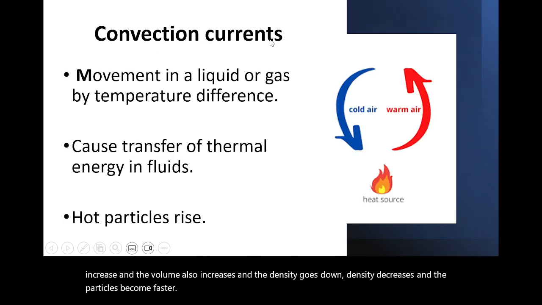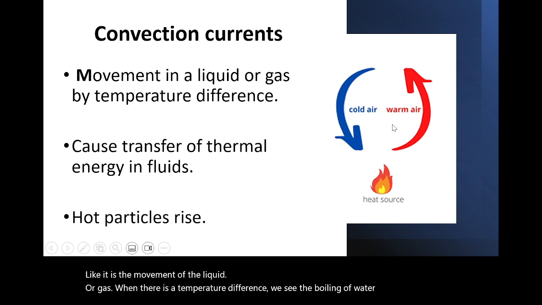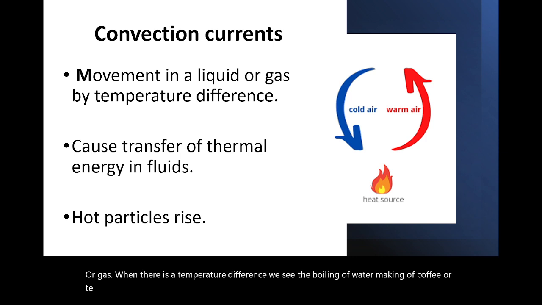What are convection currents? It is the movement of a liquid or gas when there is a temperature difference. We see it in the boiling of water, or making of coffee or tea. What happens actually?